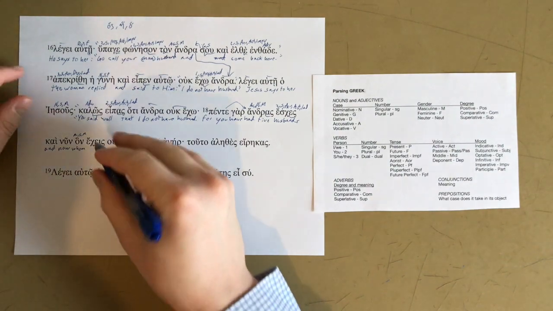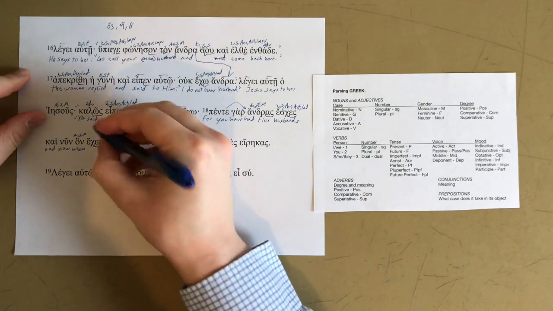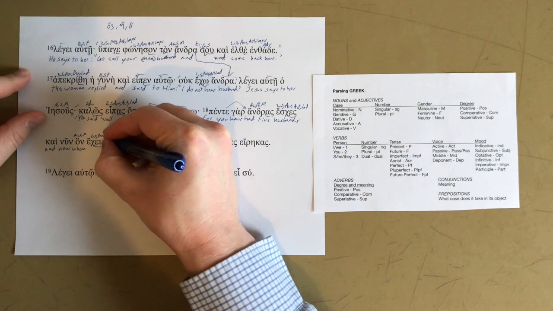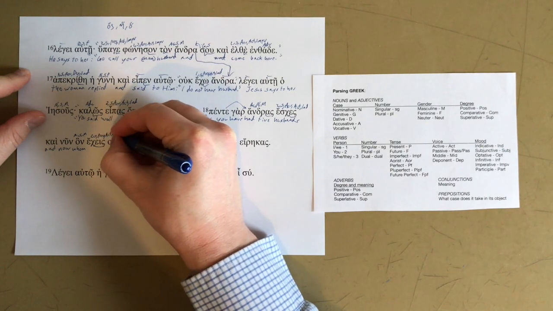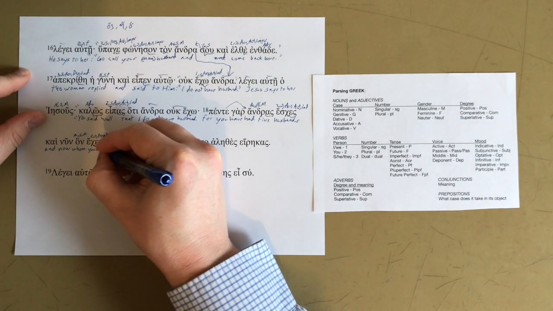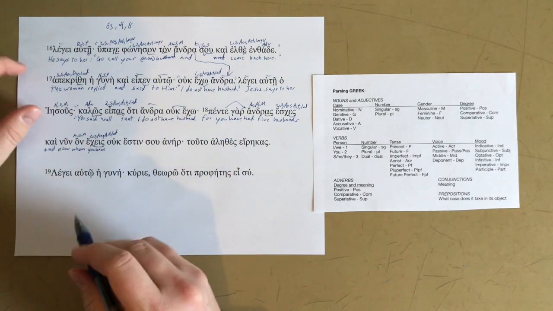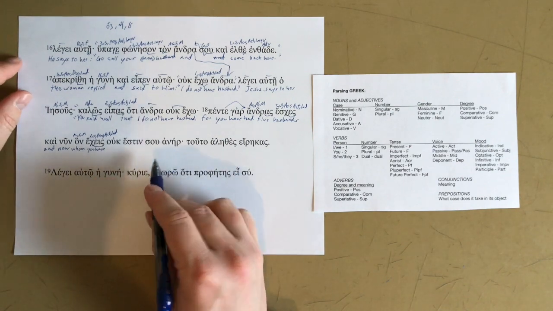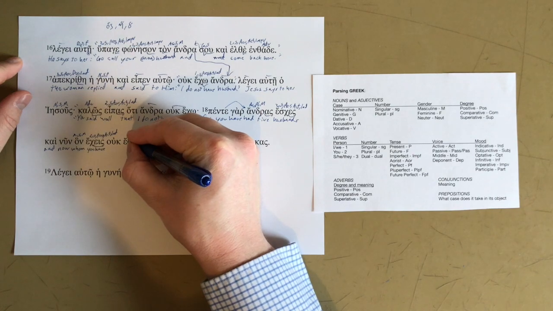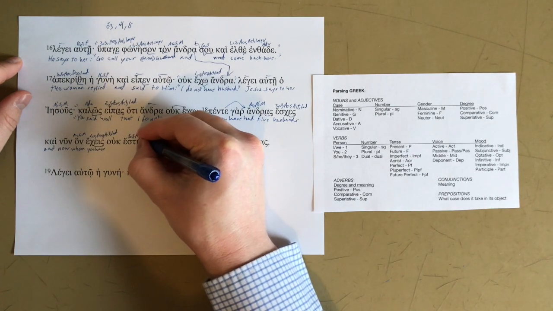Okay. A case, so epsilon iota sigma right there is our normal second person singular off of the present stem. Of course, active and indicative. You have, and now whom you have, uk esten su aner, esten right there with the movable nu, is a third person singular present tense of eimi.